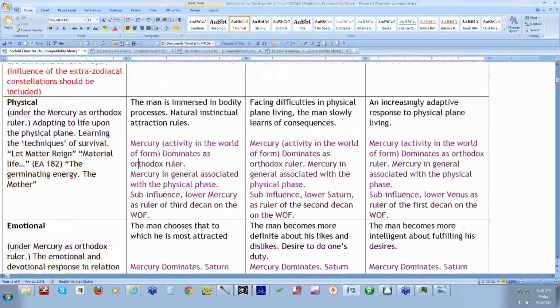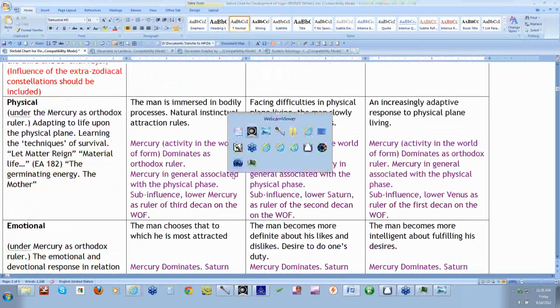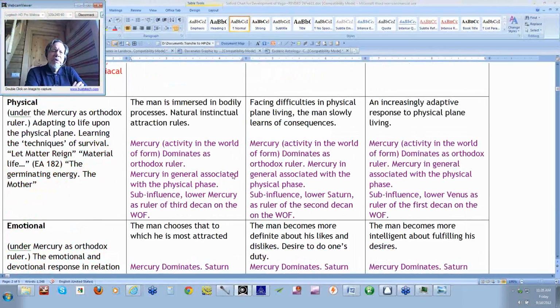Now, we're looking at the strictly physical stage. Remember that the rulers of Virgo are Mercury, orthodox, then the Moon, esoteric, Vulcan veiling, and we have been told Neptune as well, somewhere around 273, 274, and then Jupiter.